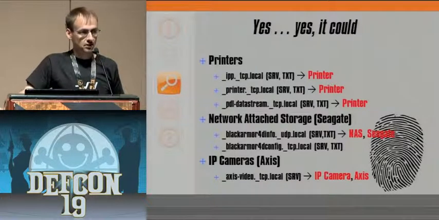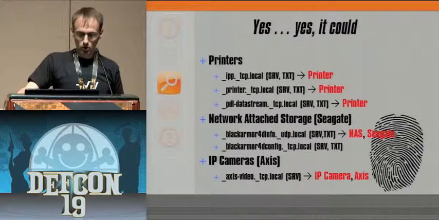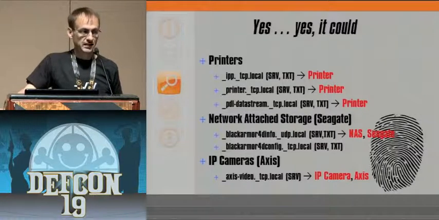And I find in particular that those HP JetDirect cards have all three. Now, if you have _blackarmor4d-info._udp.local, _blackarmor4d-config._tcp.local, service and text records, you're not only dealing with a network attached storage, or NAS, but you're also dealing with one specifically from Seagate.